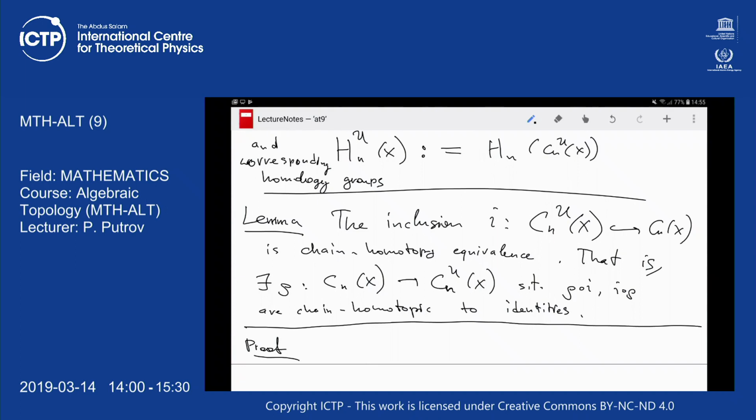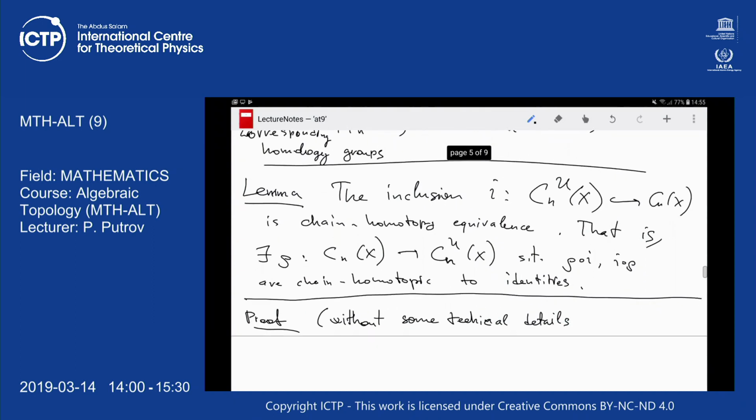So the proof of this lemma is quite hard. It will require some rather lengthy calculations, so in my proof I will skip certain technical details. I will focus on the geometric part of the proof.